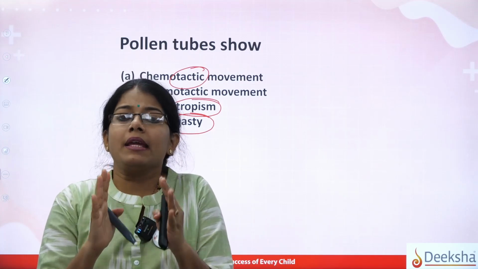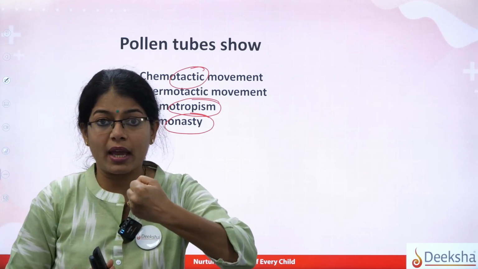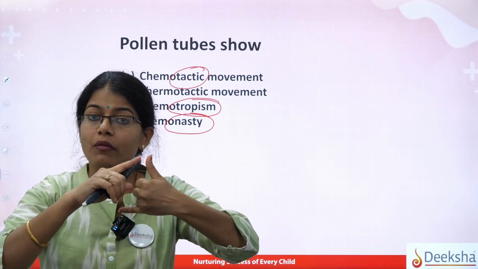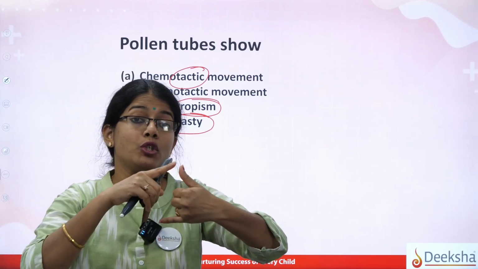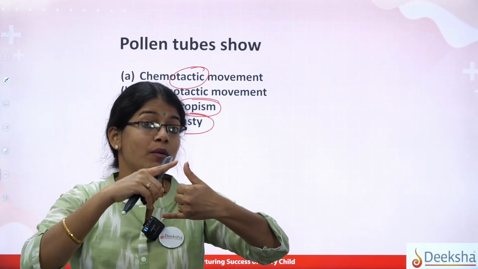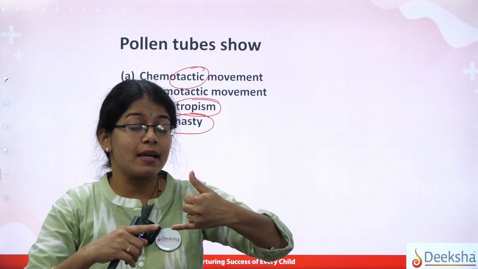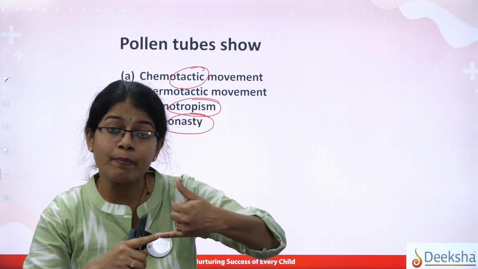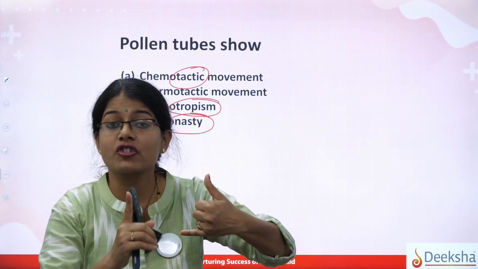Trophic movements, suppose now this is the seed, okay, and this is the radicle, this is the plumule. We say the radicle goes towards the soil, plumule goes towards the sunlight. So when we say the part growing towards external stimuli, and the direction will be specific, it is directional specific.